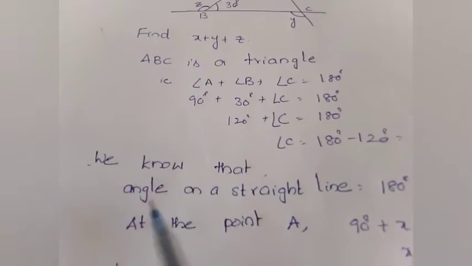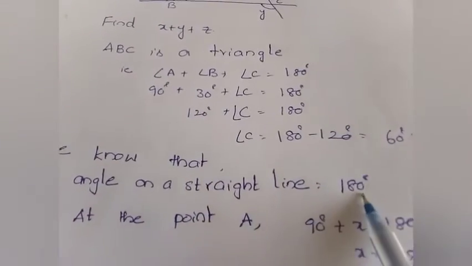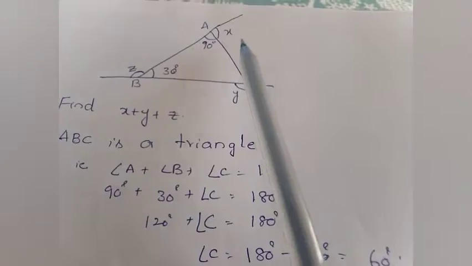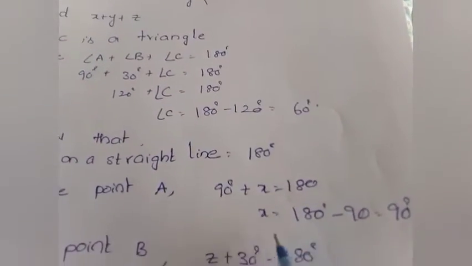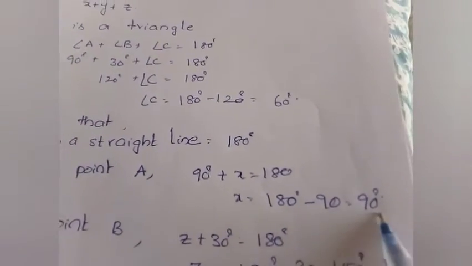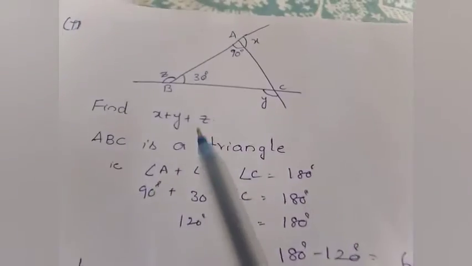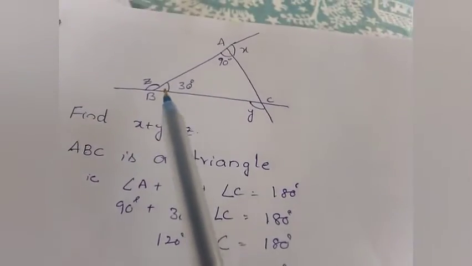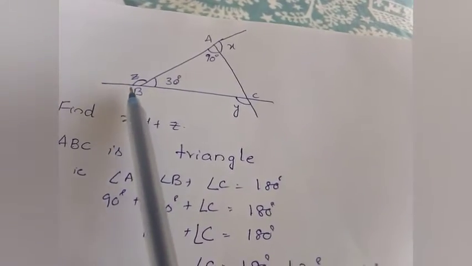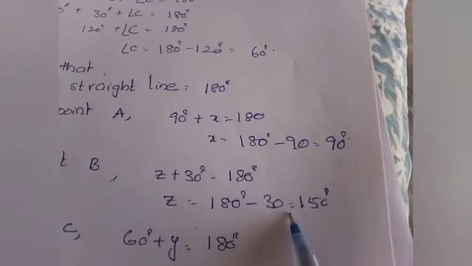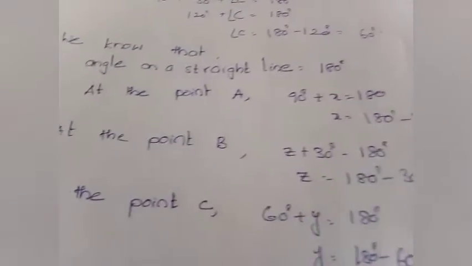Now we know that the angle on a straight line is 180. At the point A, 90 plus x is equal to 180. Then x is equal to 180 minus 90, that is 90. At the point B, 30 plus z is equal to 180. So z is equal to 180 minus 30, that is 150 degrees.